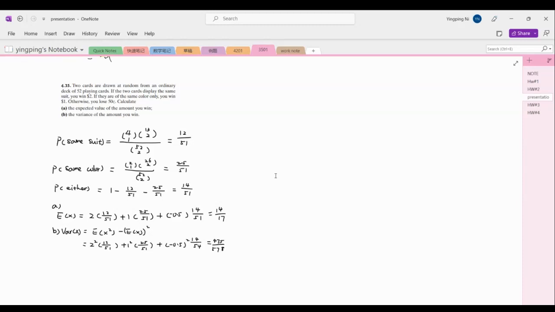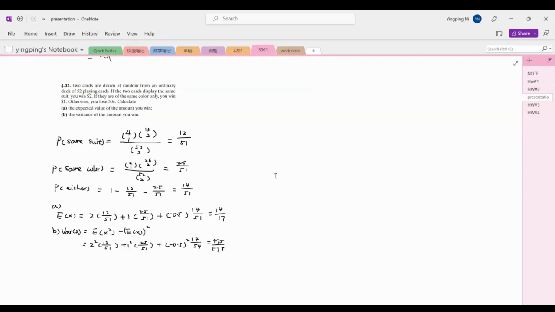And for the probability of either the same color or the same suit, it's 1 minus the 2 probabilities, which is 14 over 51. So the expected value is 2 times 12 over 51 plus 1 times 25 over 51 plus negative 0.5 times 14 over 51.